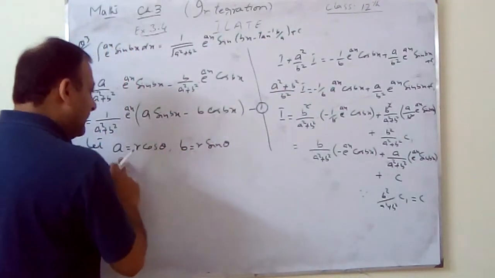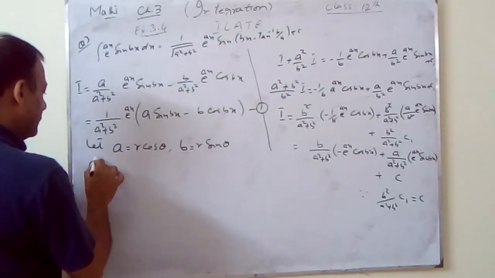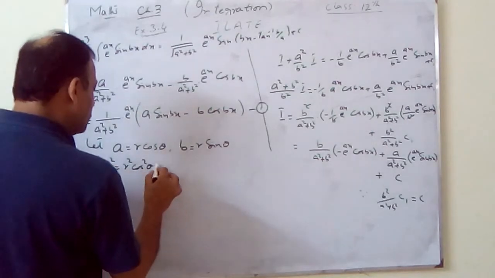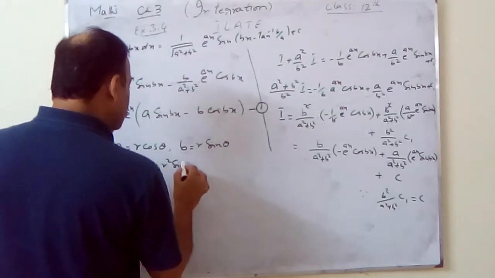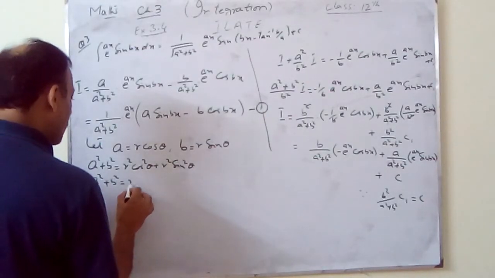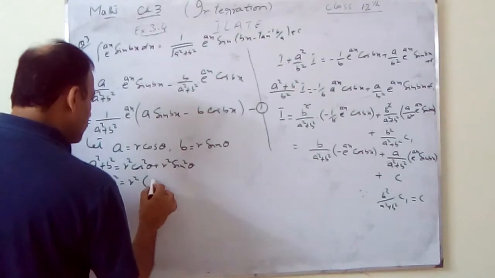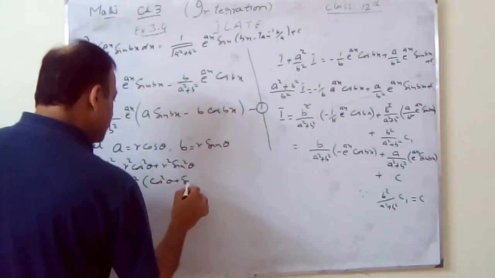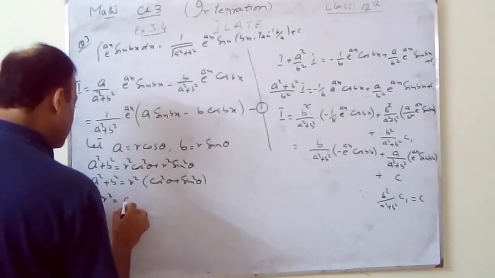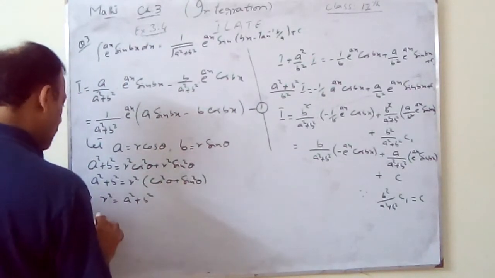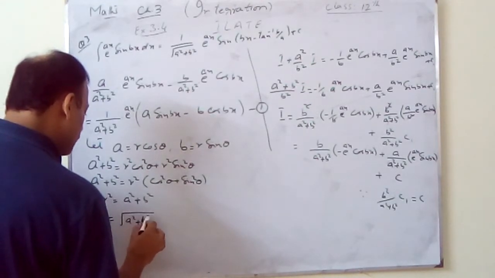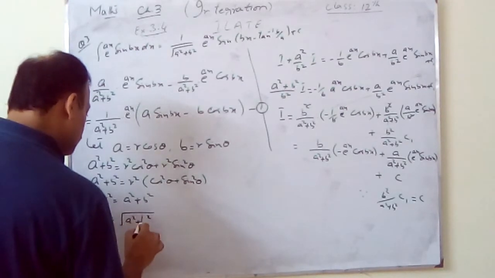So squaring and adding, a square plus b square is equal to r square cos square theta plus r square sin square theta, so a square plus b square is r square into cos square theta plus sin square theta. So it means that r square is equal to a square plus b square, or r is equal to square root of a square plus b square.